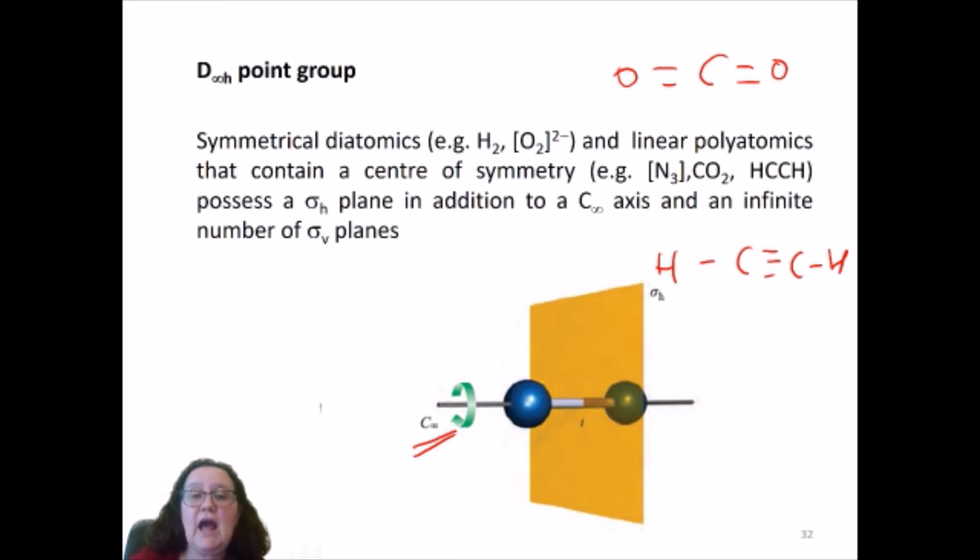But they have a sigma H, a plane perpendicular to that C infinity, and again an infinite number of sigma V planes, an infinite number of planes that contain that C infinity, and one sigma H, one mirror plane which is perpendicular to that C infinity.